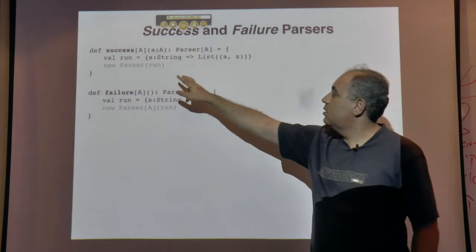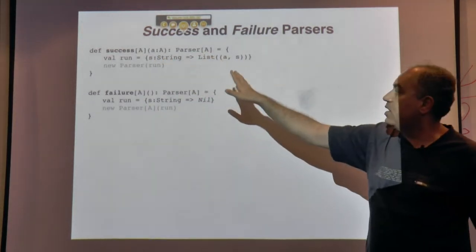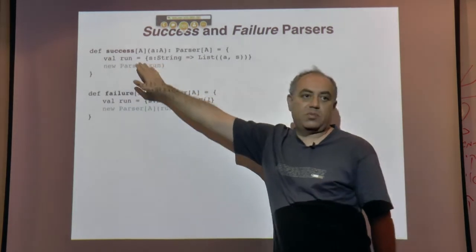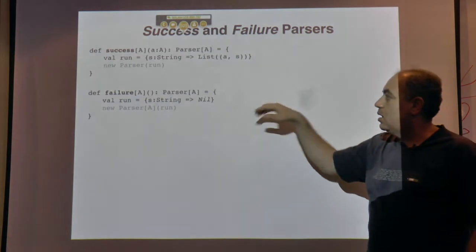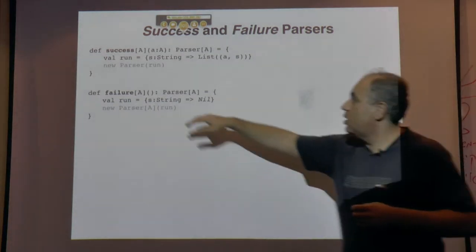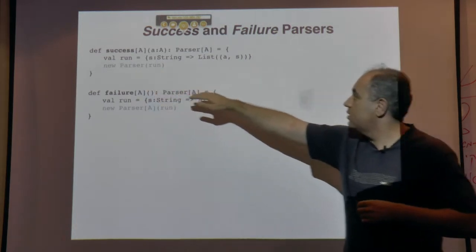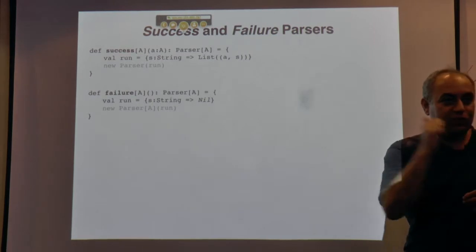The most interesting thing is the parsing function, and this is just boilerplate code. I could use some implicit, but I wanted to make it more explicit and clear. So Gil, could you repeat it, please? Yes.